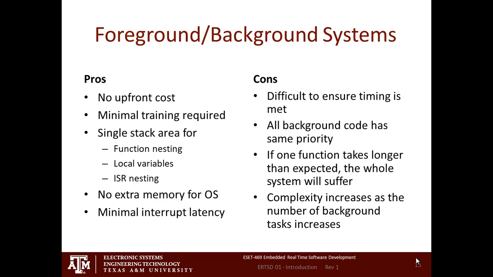We'll talk about that later, but trust me, with an RTOS, you have multiple stacks. You don't need any extra memory for storing extra stuff. And when an interrupt happens, you usually get around to servicing it very, very quickly, unless you make the mistake of disabling interrupts too often, in which case, yeah, latency is a problem.